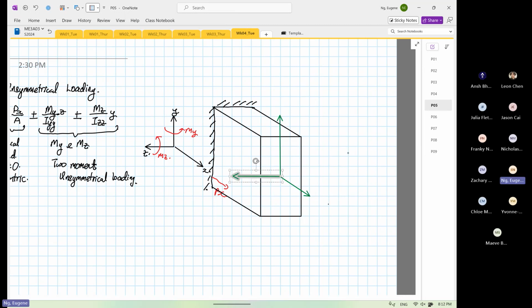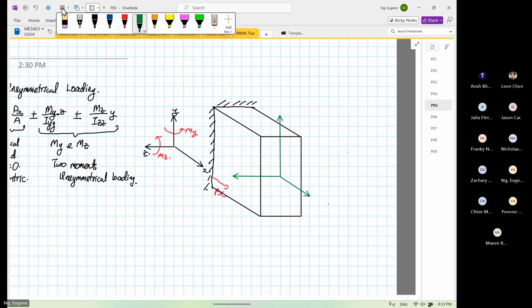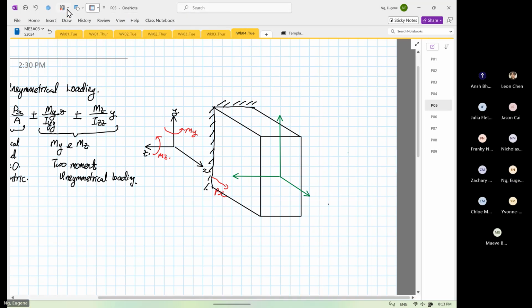And then there's a moment applied, or there's an axial load applied, and the axial load is coming out in this direction. So this is our Px.